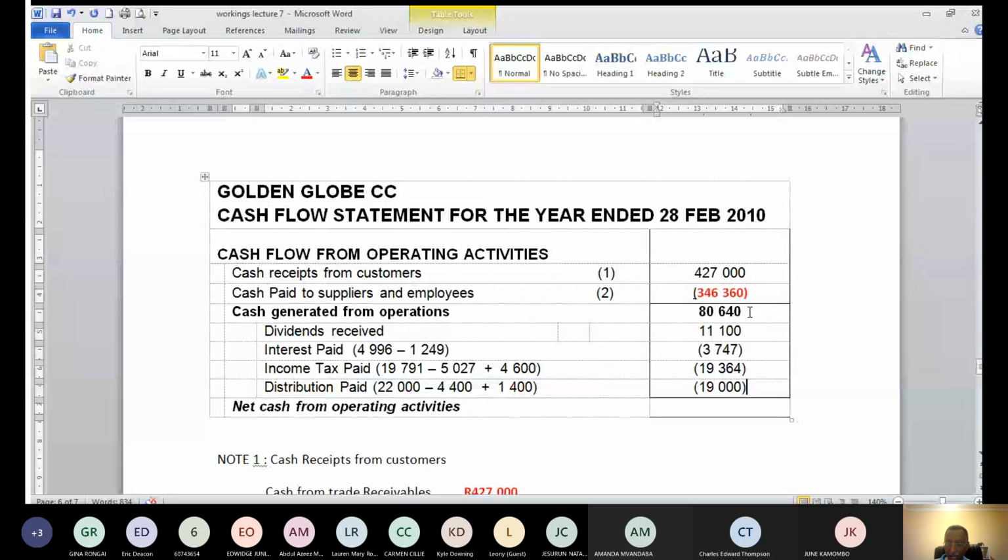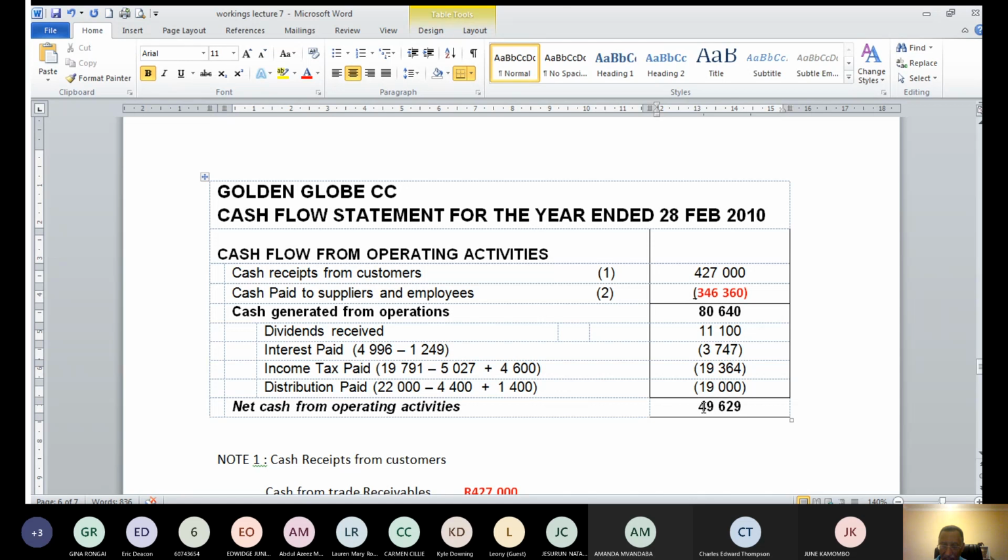So we can now calculate the answer to our cash flows from operating activities. You take the 80,640 plus 11,100 minus 3,747 minus the 19,364 minus the 19,000, and that will give you an answer of 49,629.